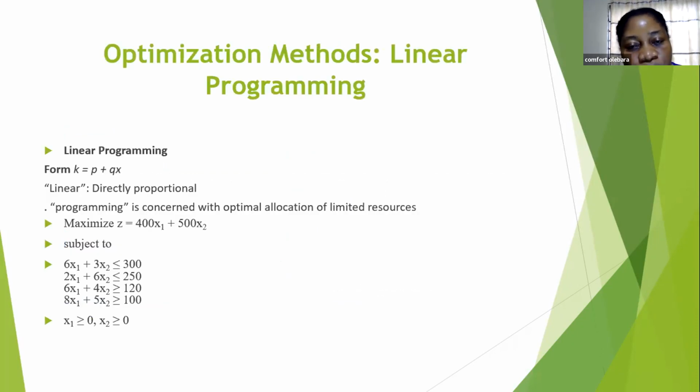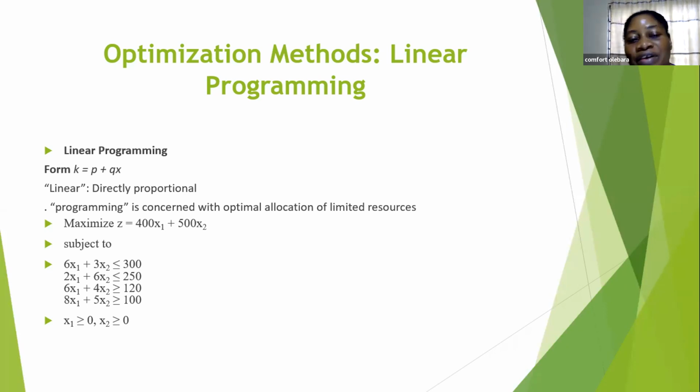The methods for optimization, the first one I'm looking at here is the linear programming method. Linear means directly proportional, and this implies that the contributing variables have a directly proportional relationship between them, like what we have in a straight line graph.